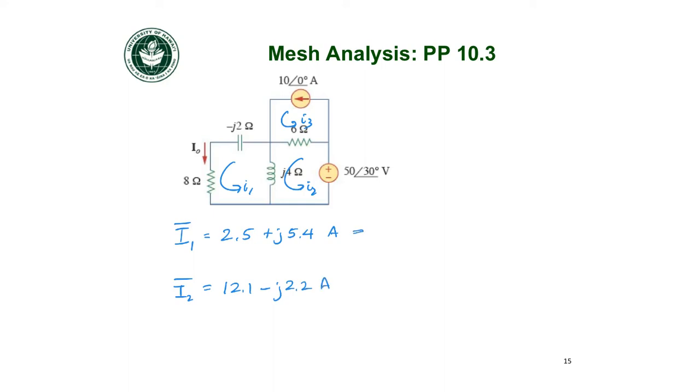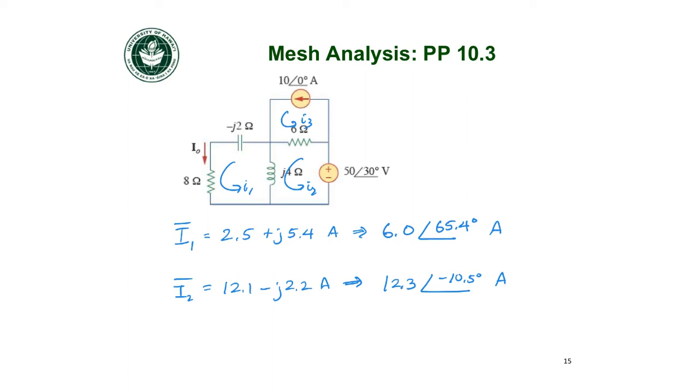We can convert this from the rectangular notation to the phasor notation. This is going to be 6.0 magnitude with a phase angle of 65.4 degrees. And for I2, the magnitude will be 12.3 amps, and the phase angle will be negative 10.5 degrees.